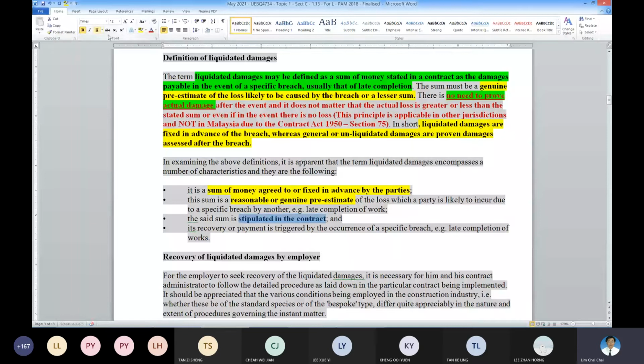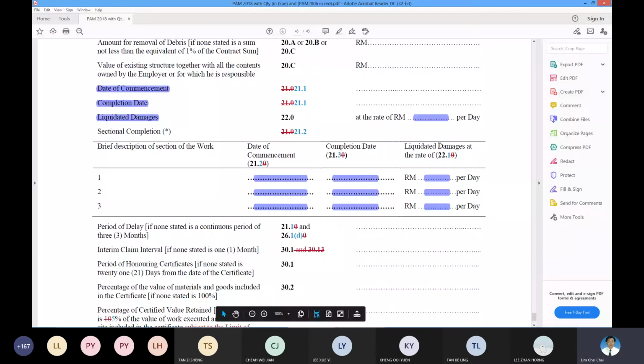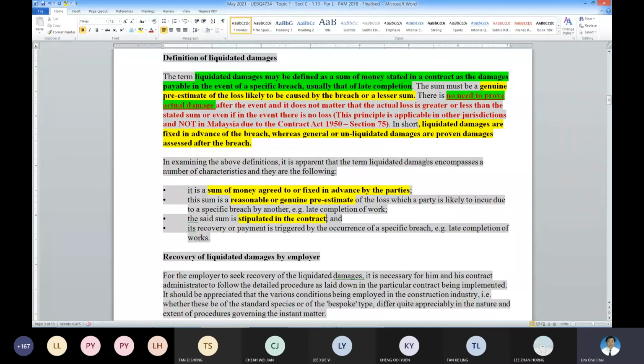If you don't state it here, your LD is not effective. Okay. So the recovery has to be triggered by a specific event. What is the specific event? It is the late completion. So these are the key points or definition of liquidated damages. So, recovery of liquidated damages by the employer.